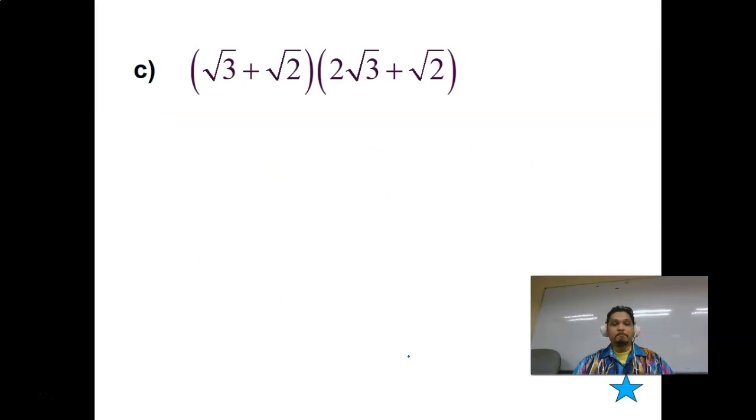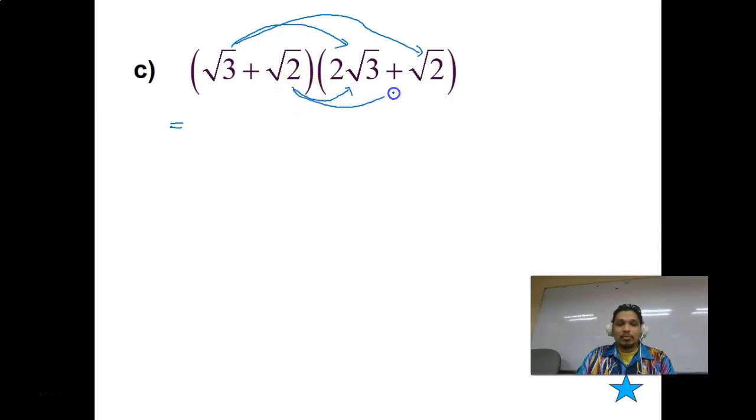For question C, to simplify this, we are going to multiply this square root of 3 with every single term that we have in the other bracket, and also square root of 2 times this one and this.